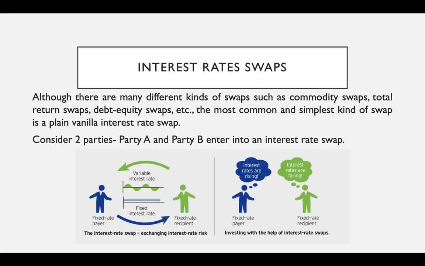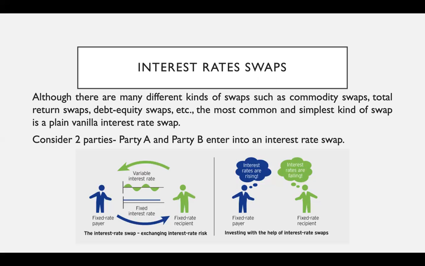There are two possible scenarios. Say, for example, the variable rate, which is the LIBOR rate, increases. Company A already had an optimistic view, and therefore they were receiving variable interest rate payments for giving fixed interest rate payments. So in this case, company A would profit. But say in scenario two, the LIBOR rate decreases.